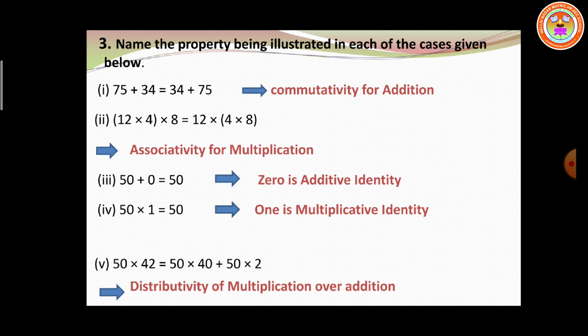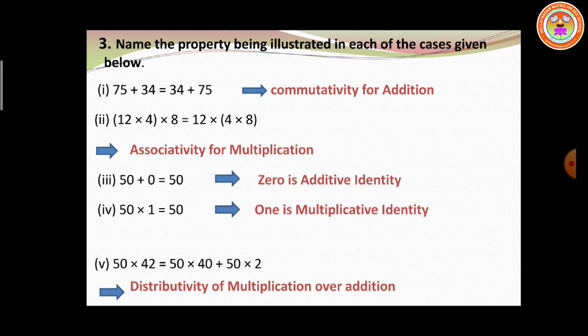See the first problem: 75 plus 34 is equal to 34 plus 75. They have changed the order. So what type of property is this? Very good, commutativity for addition. Instead of addition, if they have given multiplication, you must write commutative for multiplication.